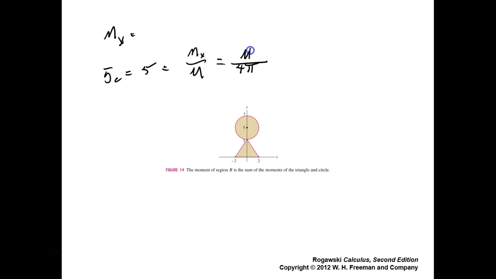And this is your M sub x for the circle, right? But stop right there. That's what we're looking for, M sub x of the circle. So multiply both sides of this equation by 4 pi. So you get M sub x for the circle is equal to 20 pi.